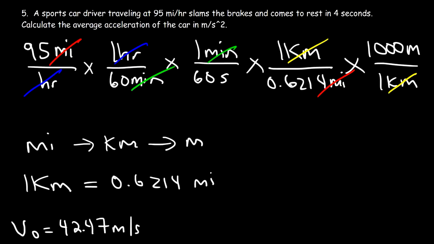Now, what is the final speed of the vehicle? If the driver slams the brakes, he's going to come to rest eventually. So the final speed is 0. The time, we can see it's 4 seconds. And our goal is to find the acceleration.